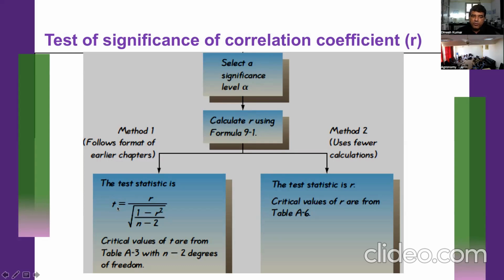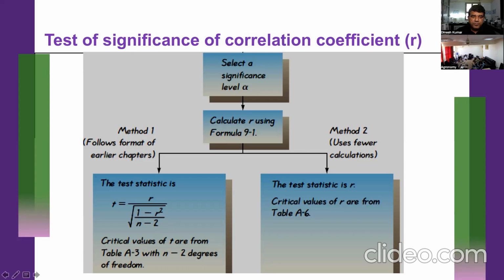It is the t-value that we are going to calculate. T calculated equals r divided by the square root of (1 minus r square) divided by (n minus 2). So this is the formula to calculate the t statistic.